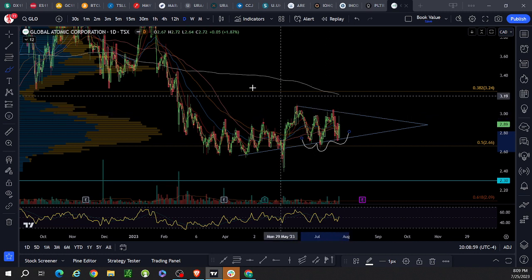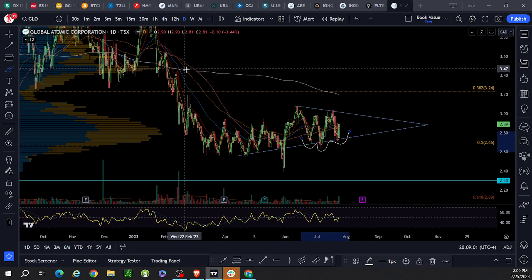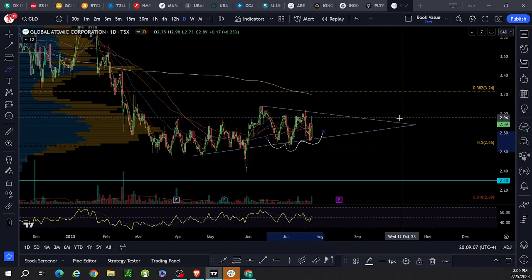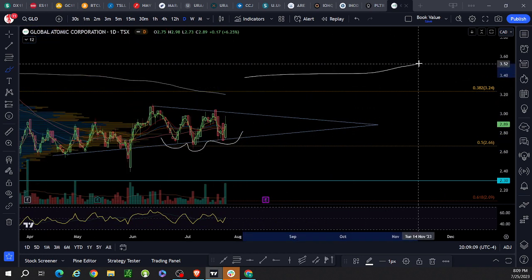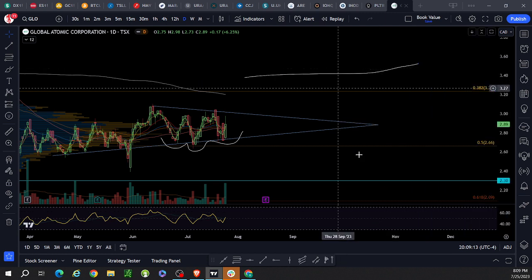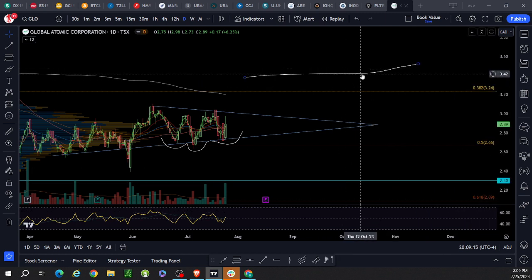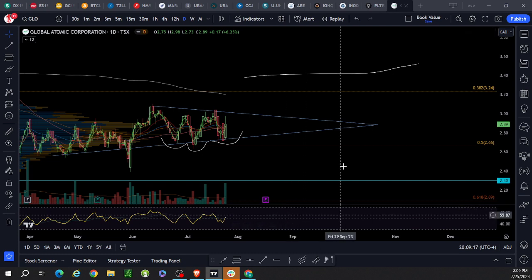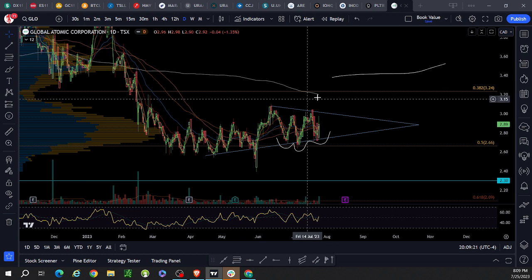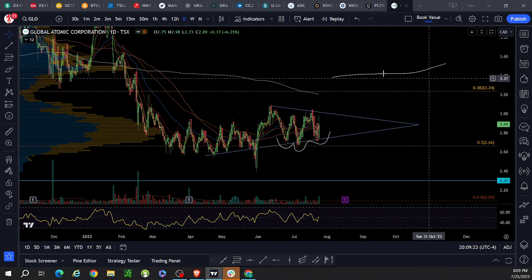So 3.40 gets you up here to this resistance. You're probably going to get into some fights with the 200-day moving average, but that's what I'm looking at right now. Inverse head and shoulders on the daily with the measured move to 3.40, 200-day moving average above.